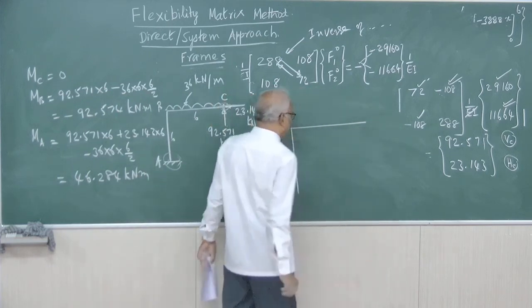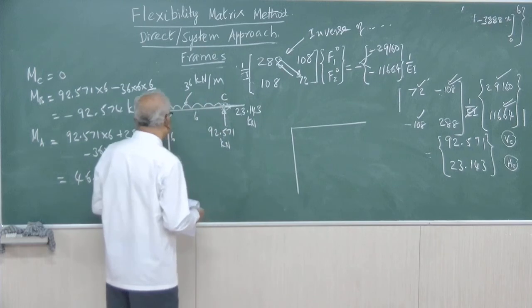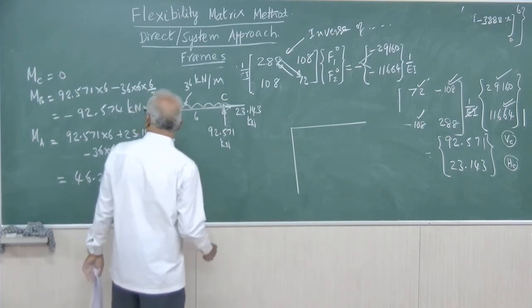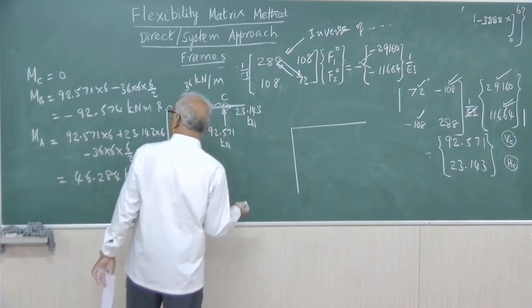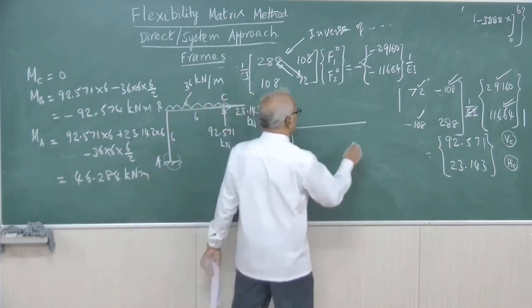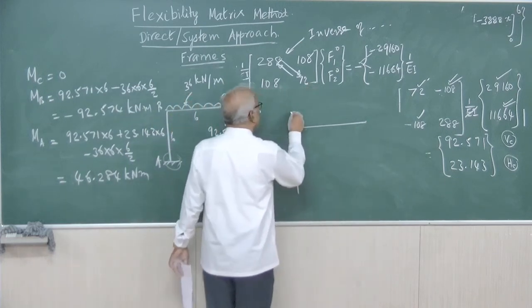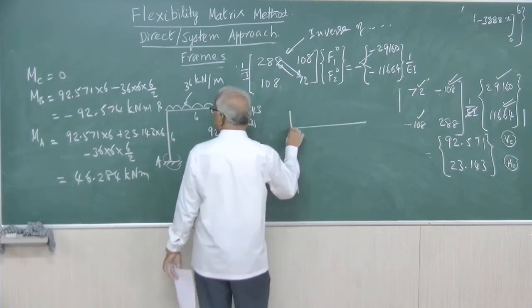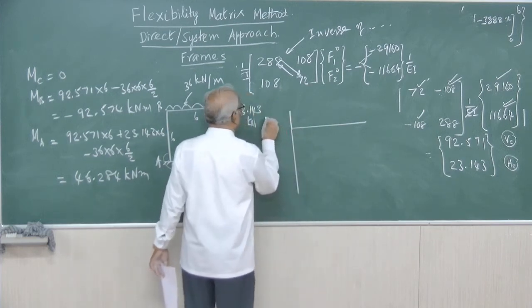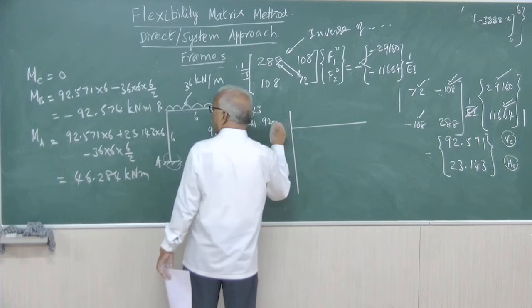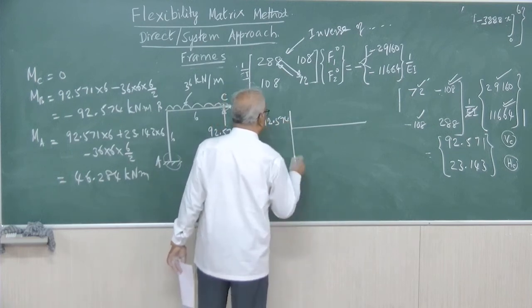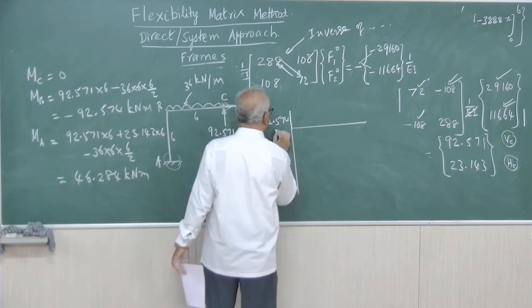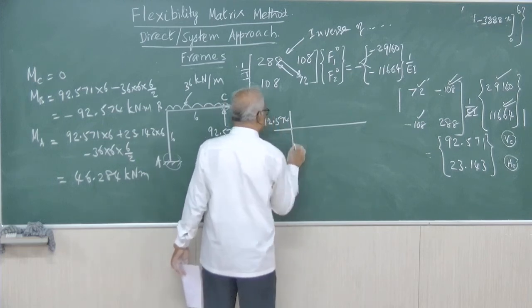So we have to adopt the same sign convention in the plotting also. As far as beams are concerned, tension minus means tension at the top. So here it is 0, and here it is 92.574 minus. Now coming to the column, again tension means outside.